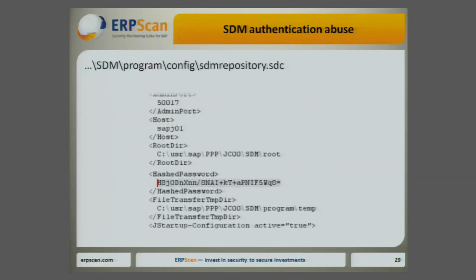After some experiments, we found that SDM stores the user password hash in the config file sdm repository.sdc. For an attacker, there are 2 ways to get this hash: directly on the operating system, and a more interesting way. SAP is a complex system, and at any moment there usually exists some vulnerability which allows us to read system files.